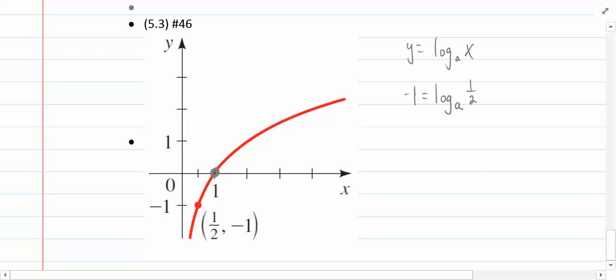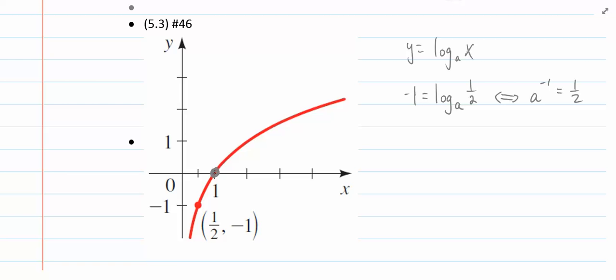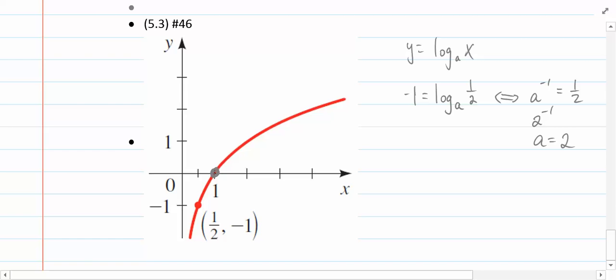And again, if we immediately think of the equivalent exponential function, this should be a to the negative first power equals 1/2. And by calling upon our memory of exponential rules, a number raised to the negative first power simply rewrites this number as a fraction. A has to be equal to 2 because 2 to the negative first power would equal 1/2.